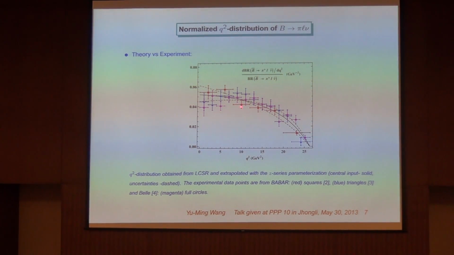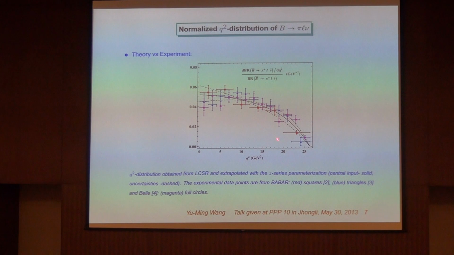The first pair of BaBar, there are two pairs actually. The second pair is showing these blue triangles, and it is claimed that the second BaBar pair is more advanced because they include more data sets, and also they include techniques of reconstruction of the kinematics and the resolutions of the structures and so on.